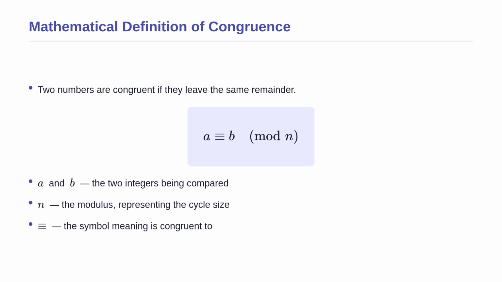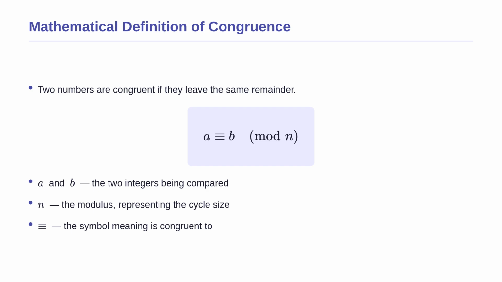Now that we understand the visual intuition, let us look at the formal mathematical notation. In formal number theory, we say that an integer a is congruent to an integer b modulo n if they leave the exact same remainder when divided by n. The formula on screen shows exactly how we write this.